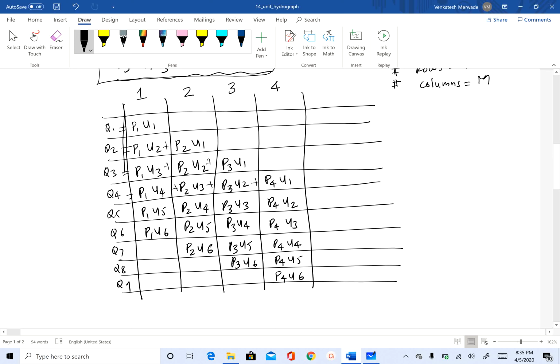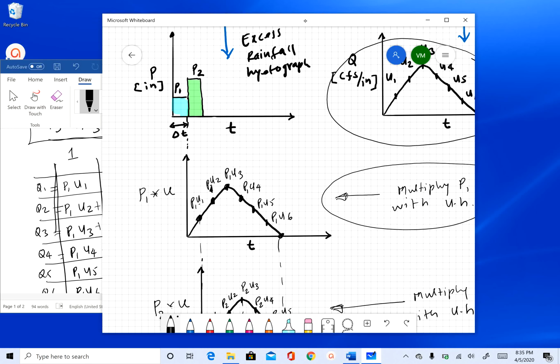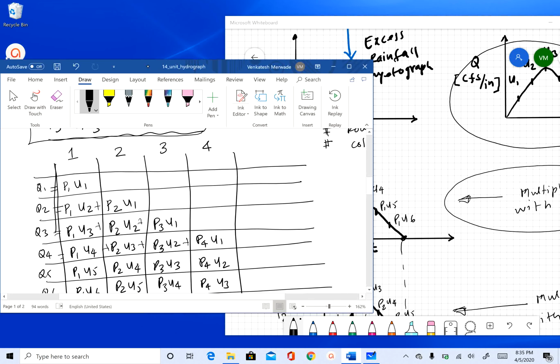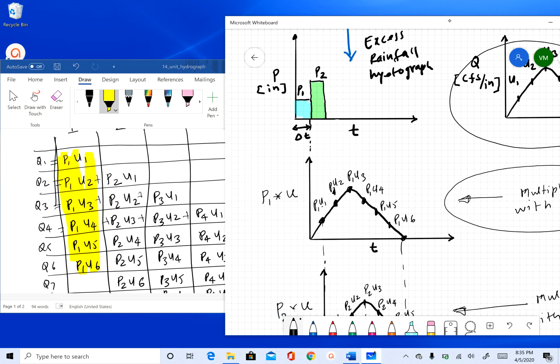Now, thinking back to what we did in the previous video when we derived the convolution equation, let me put this side by side. This is what we did last time. If you look at the first column, which I'll highlight, it is basically multiplying the first pulse of excess rainfall with the unit hydrograph.